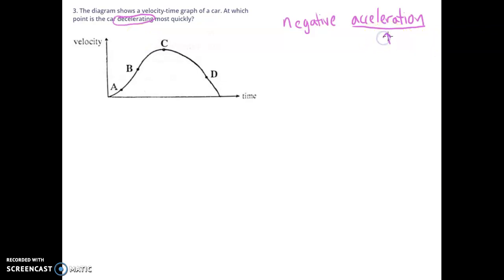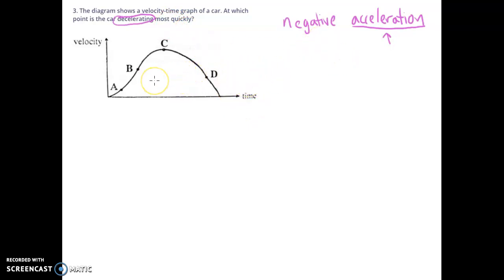This question probably should have said, at which point does the car have the greatest negative acceleration? And that would have actually been a little bit more exact. But in the world of non-physicists, we can use that term decelerating. So just something to note.